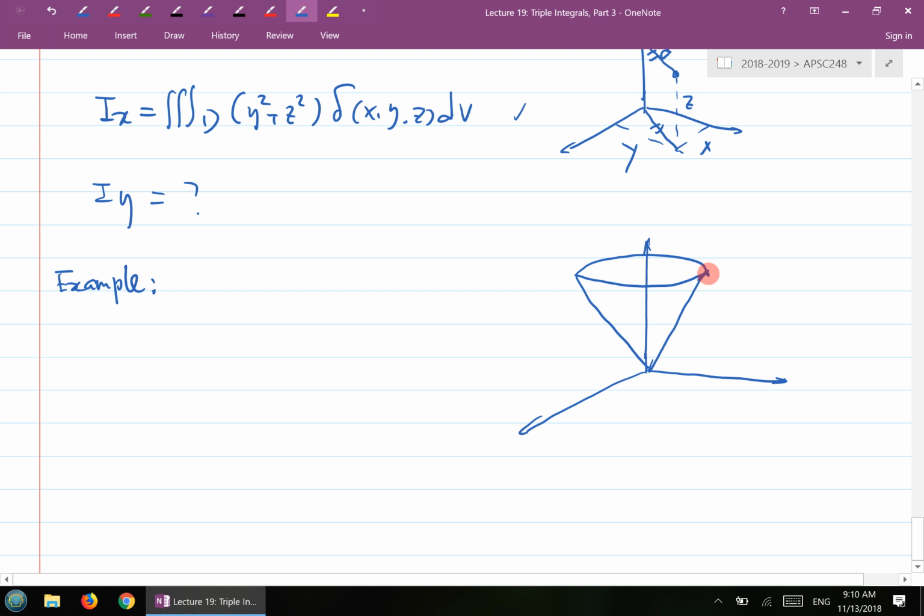I'll take my favorite cone, and here we have a cone z equals a times the square root of x squared plus y squared.